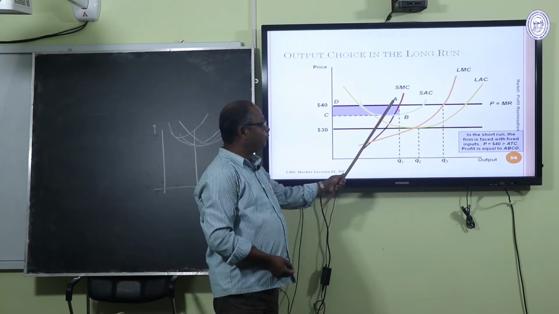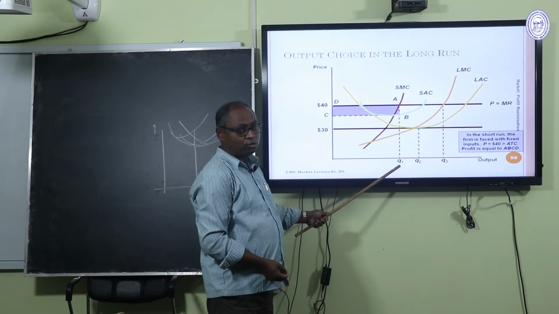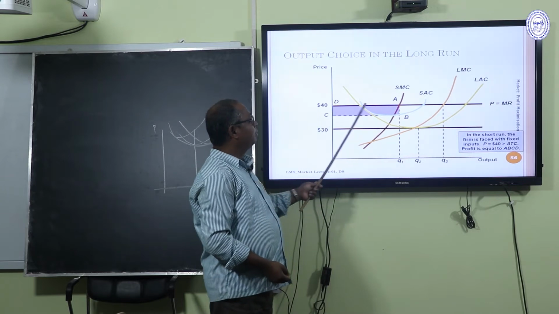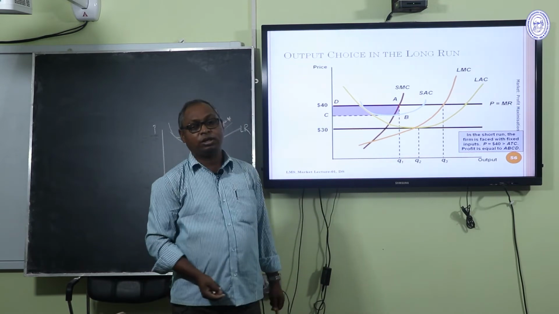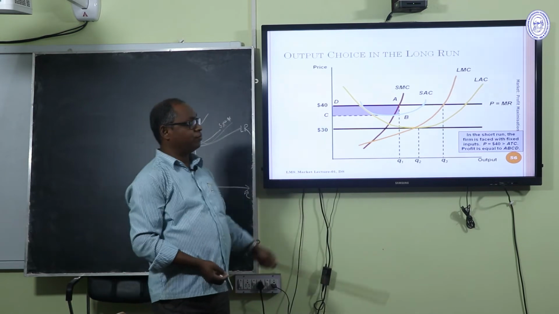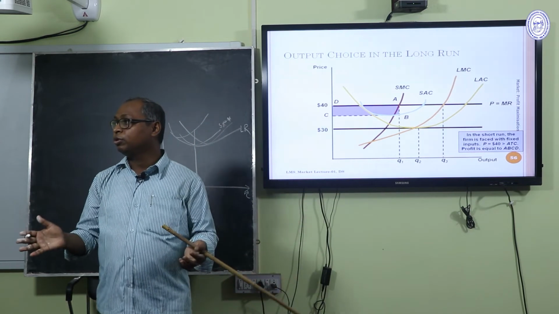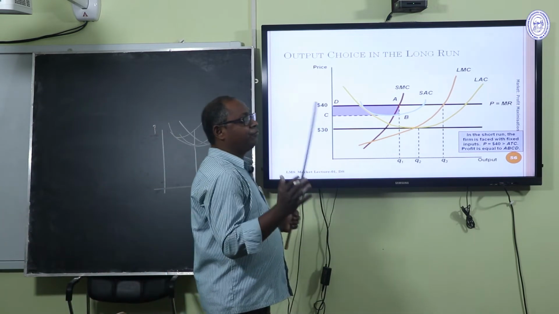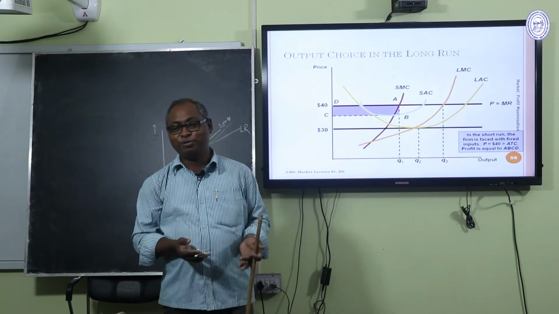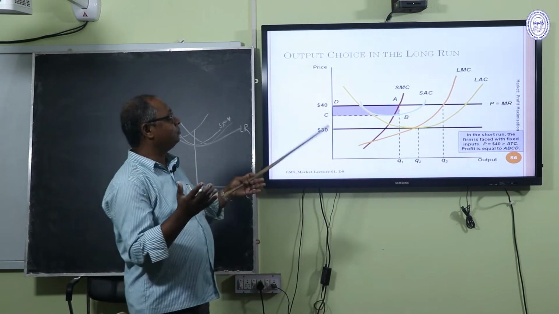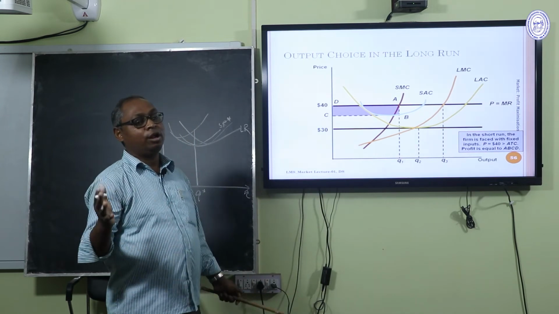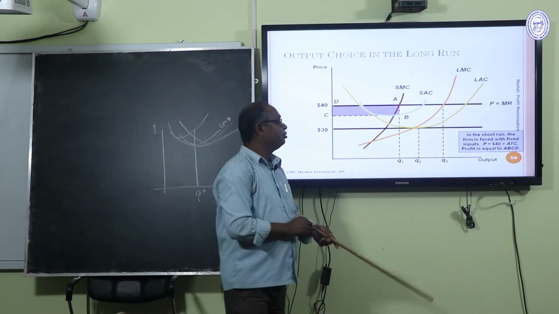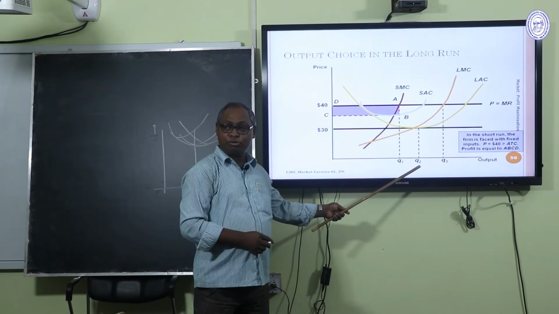So if I choose that plant size and produce that amount of output Q1, then the firm will get the purple shaded area as long run profit. Seeing the profit, a lot of firms will enter the industry, and production increases at a huge level, from Q1 to Q2.